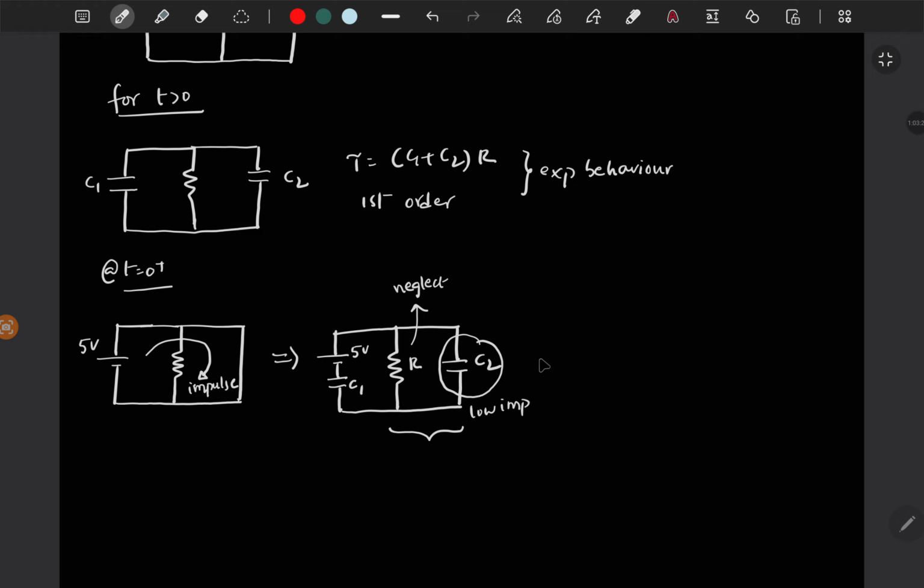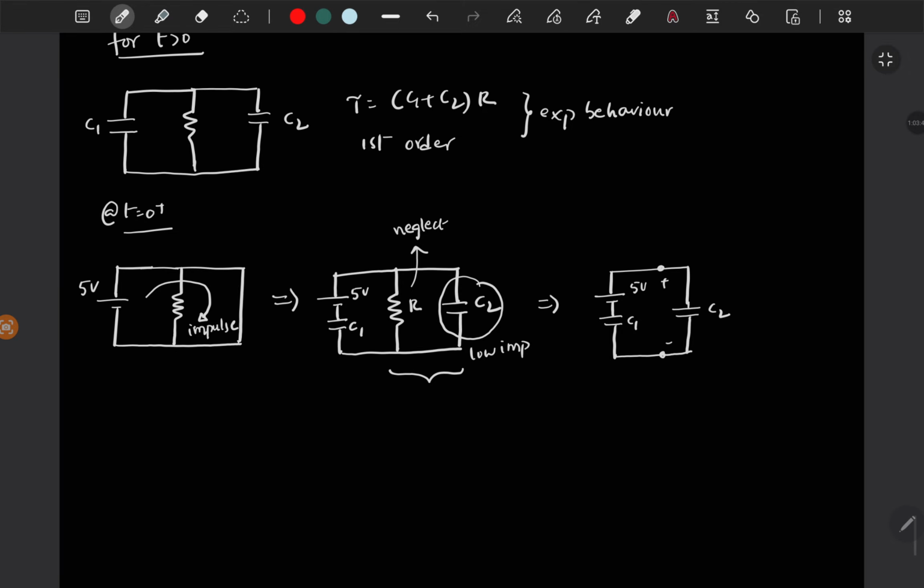So this we have already discussed. So we will get 5 volt, C1, C2 and 5 volt. So this is both VC1 and VC2 for t is equal to 0 plus.